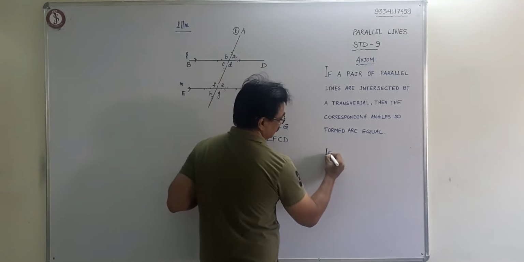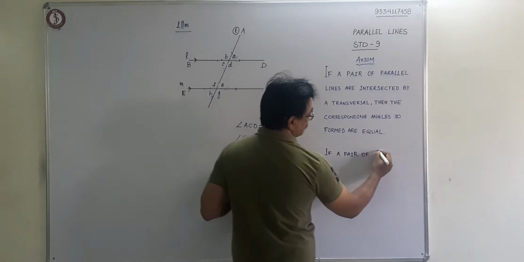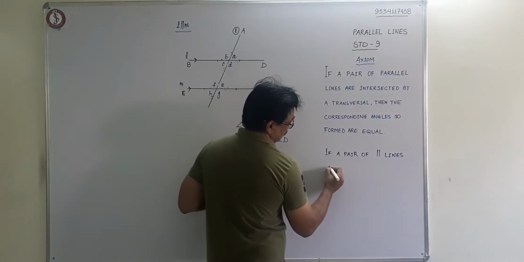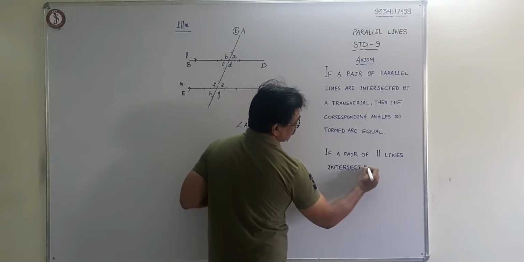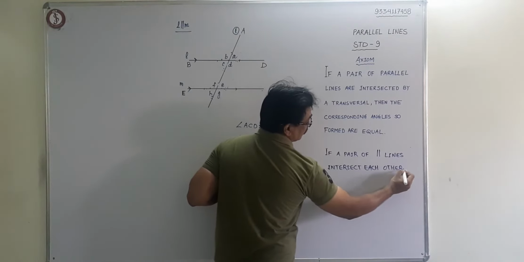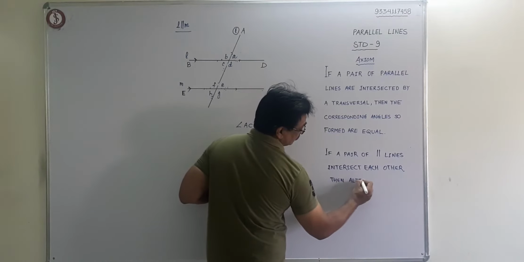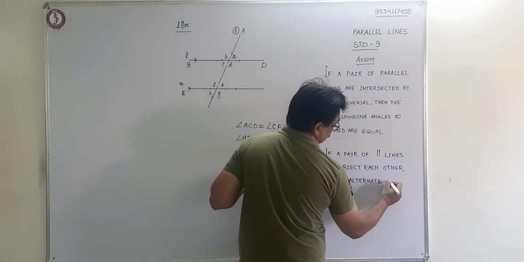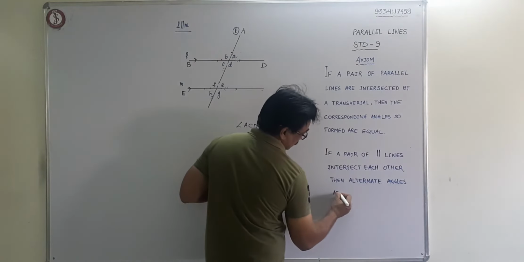If a pair of parallel lines intersect, then alternate angles are equal.